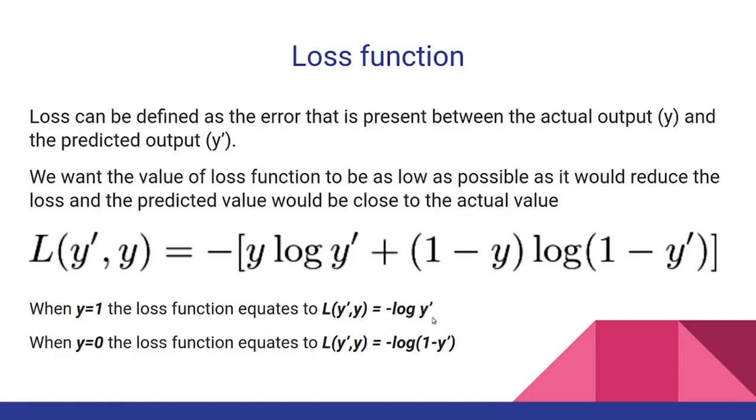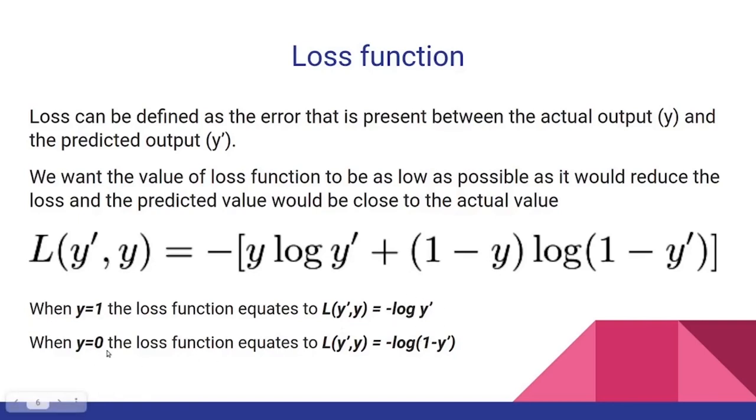And here we want minus log y dash to be as small as possible when y dash is correct, or y dash is approaching 1. And we know that for larger y dash, negative log y dash will decrease. So this is a good equation.